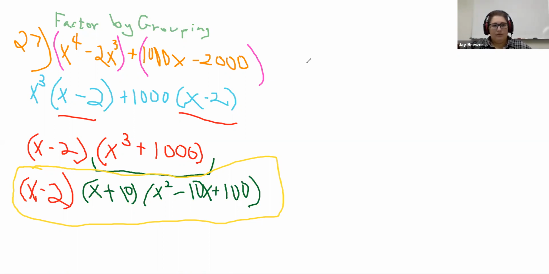Okay, so that was 27, factoring by grouping. We did 30. So 28 and 29 are up if you want to see either of them. But I think you should be fine with 29. Does anybody brave want to do 28 for us?